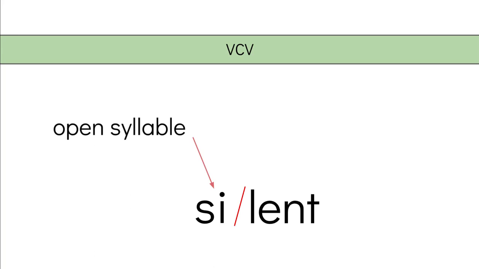When a single vowel, in this case the letter I, is followed by a single consonant, the L, followed by another vowel, typically the first vowel will make the long vowel sound. So in this case, we would read sigh, long vowel sound I, lent: silent.